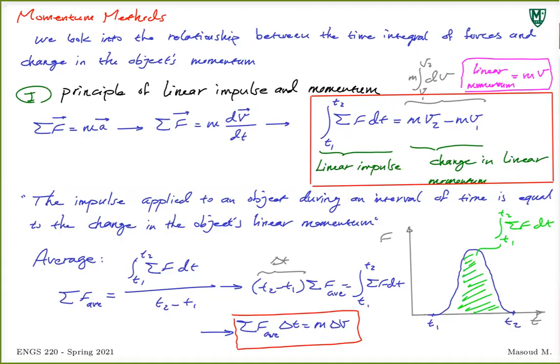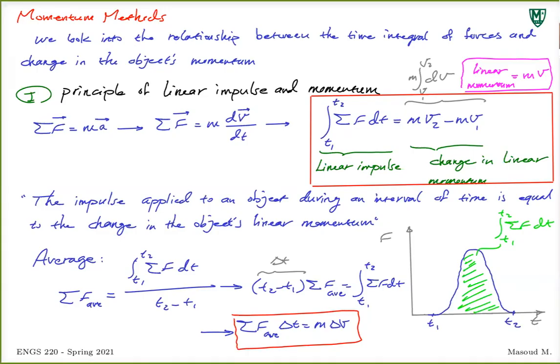The equation was a scalar equation. It could only give us a change in the magnitude of velocity. Now, in momentum methods, the direction comes into play, because the equation is a vector equation. You have velocity as vectors, you have force as vector. There is no squared. So now you can determine the change both in the magnitude of velocity and its direction.